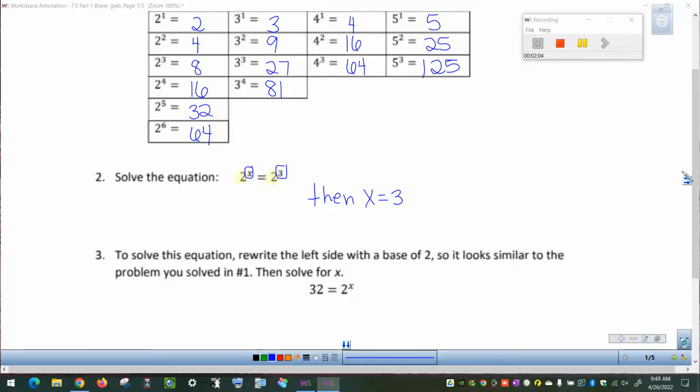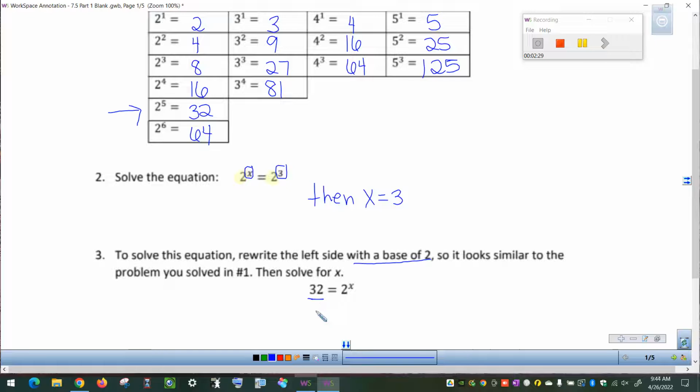All right, so let's take a look at the next problem here. We've got 32 equals 2 to the power of x. And we're going to try to solve this equation by making it look the same way as the previous problem. So we're going to take this left-hand side and rewrite it with a base of 2. If we look back up here at our table, we can see that 32, sure enough, is in the table for the powers of 2.